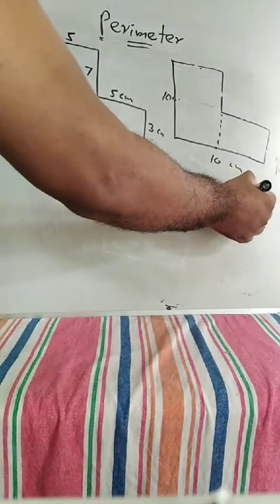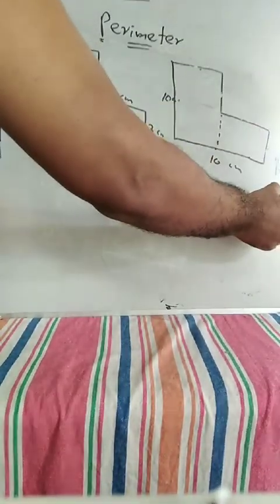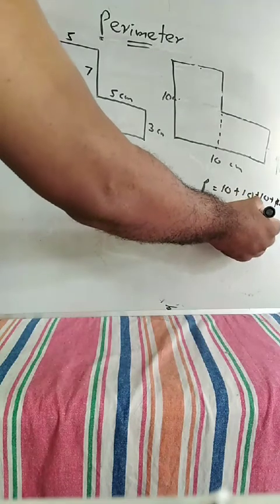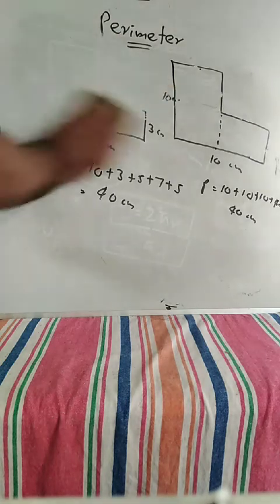The adding of this makes 10. This also 10. Therefore, here this also 10, this also 10. The perimeter is 10 plus 10 plus 10 plus 10, then 40 centimeters. Understand? You should know this. Then another example.